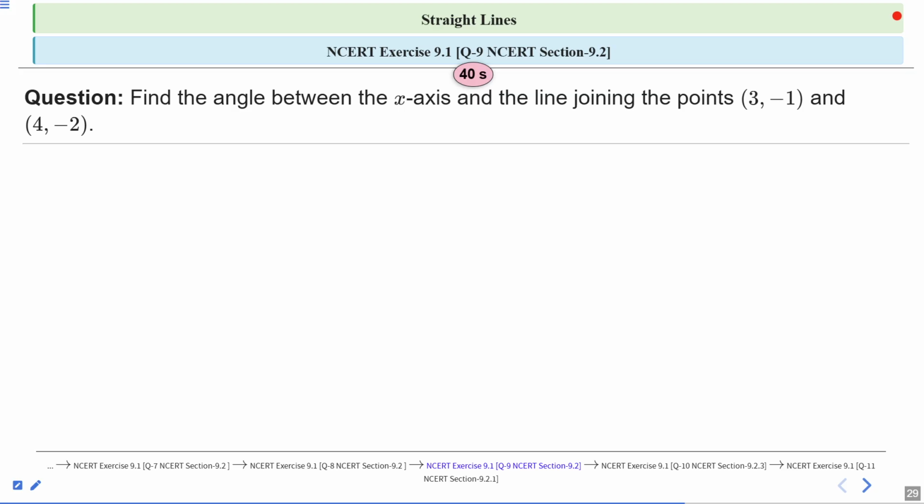You have 40 seconds to solve this question and then we will provide the solution. Okay students, now see how to solve this question.